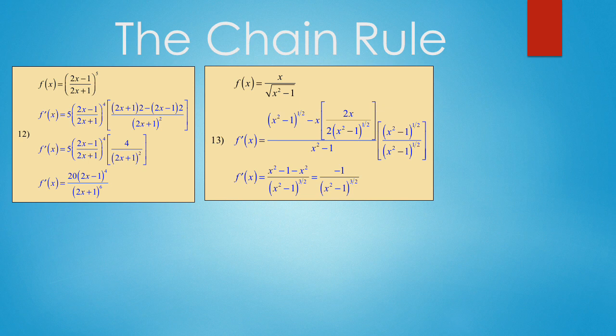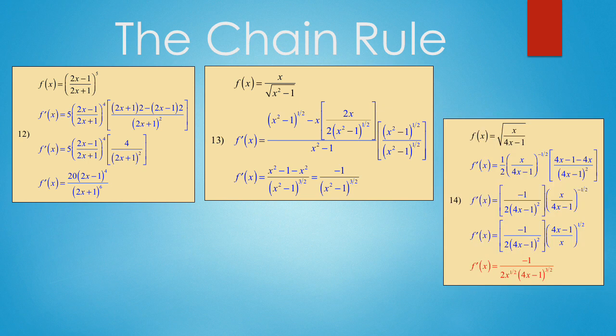In number 14, we have f of x equals the square root of x over 4x minus 1, which we know we can write as x over 4x minus 1 quantity to the 1/2 power. This is a power rule. To take the derivative, the 1/2 comes in front.